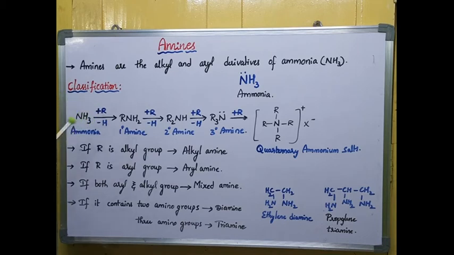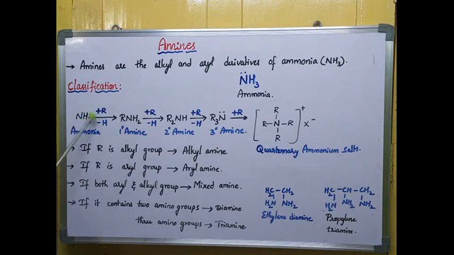So let us see the classification. Mainly, amines are classified into different types based on their substitution. Ammonia consists of three hydrogens. If one hydrogen is replaced by one R group, where R can be any alkyl or aryl group, we'll say that as a primary amine.